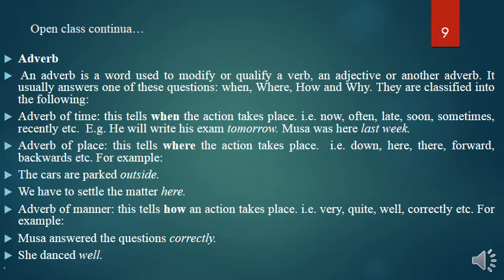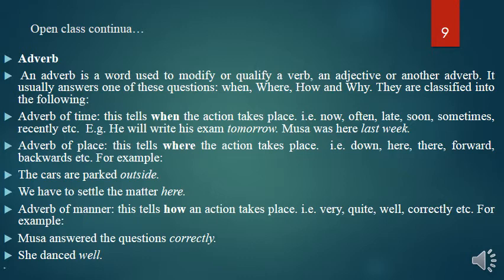An adverb is classified into adverb of time, adverb of place, and adverb of manner. That is, an adverb tells more about a verb, or an adjective, or another adverb, and they are of different types.